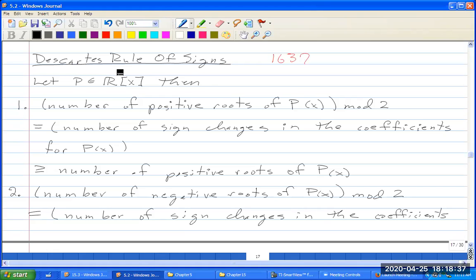So let P be a polynomial with real coefficients. Then the number of sign changes in the coefficients for P of x, mod 2, will be greater than or equal to the number of positive roots of P of x.